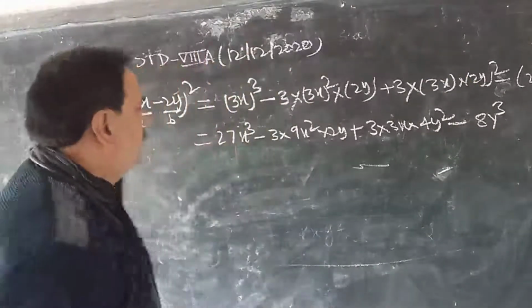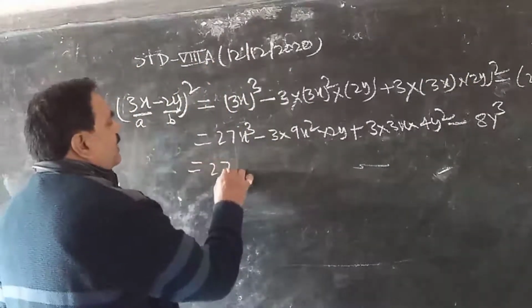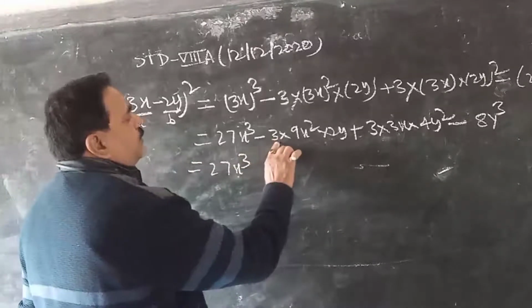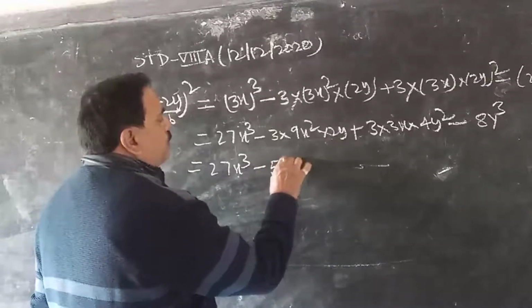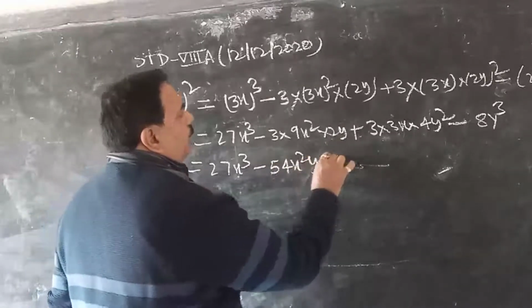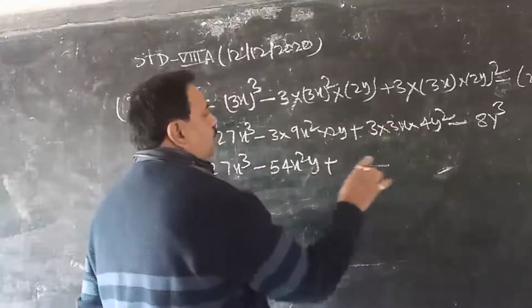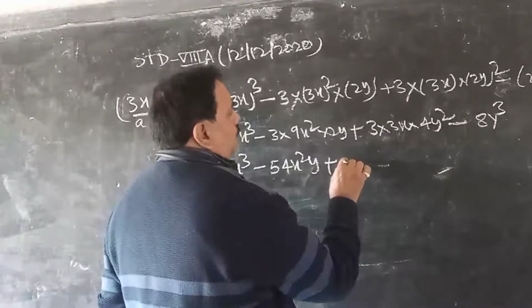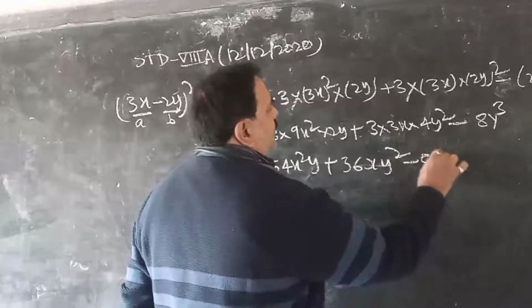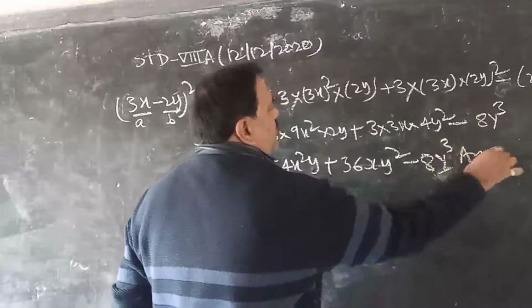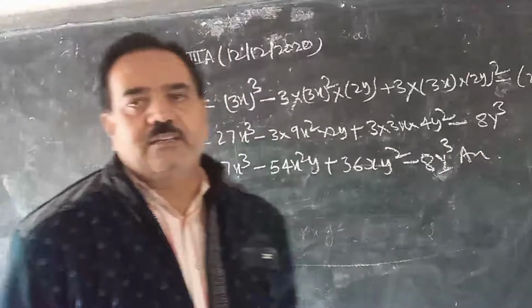So 27x cube, 3 9s are 27 into 2 means 54x square y, 3 3s are 9, 9 4s are 36x y square, minus 8y cube. This is our answer.